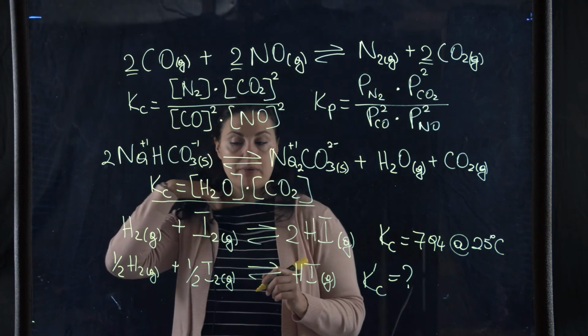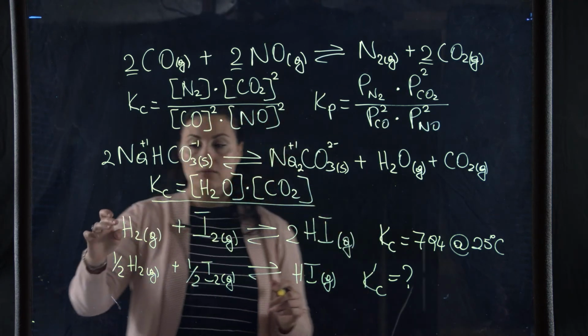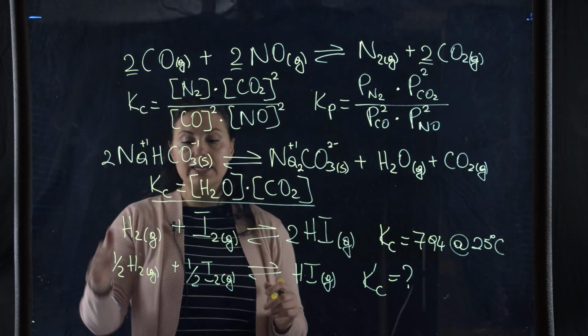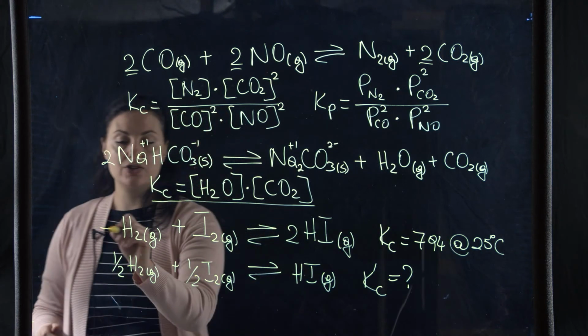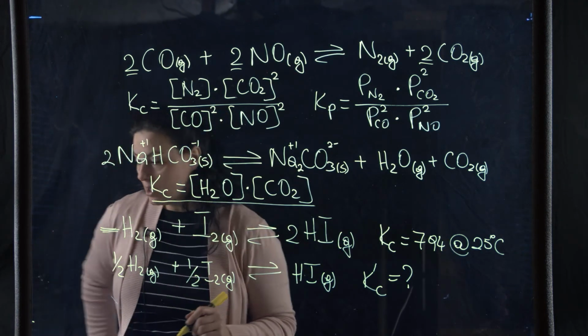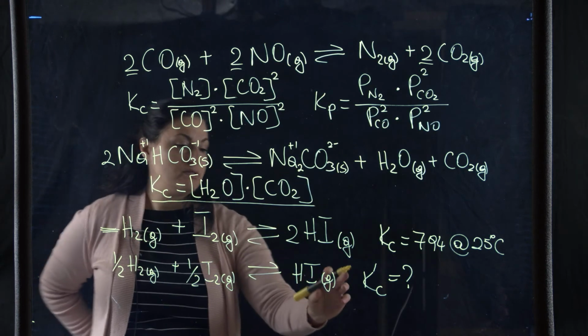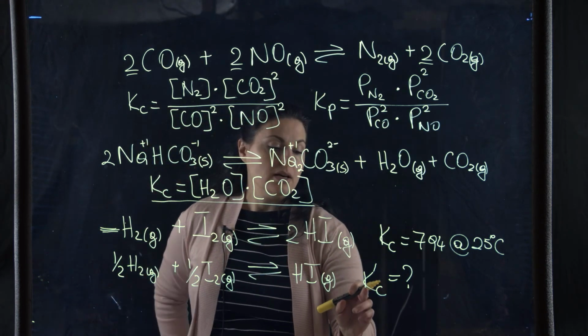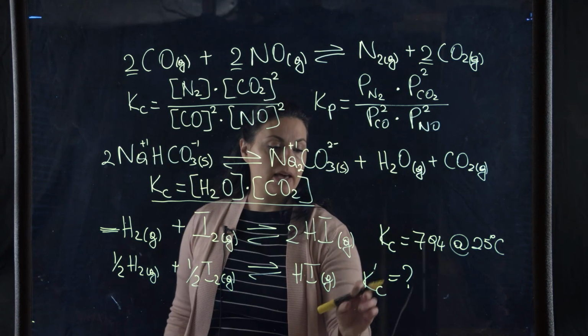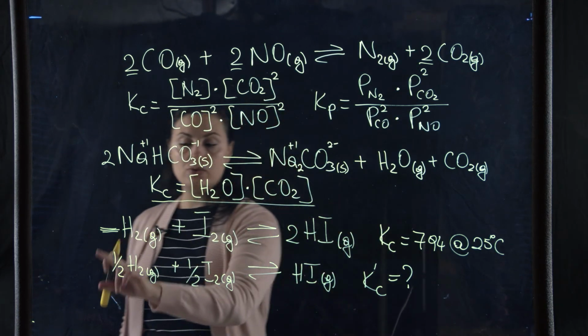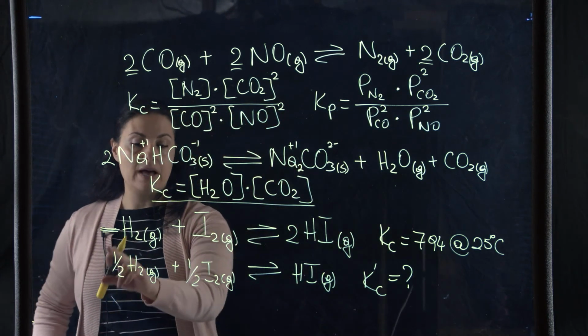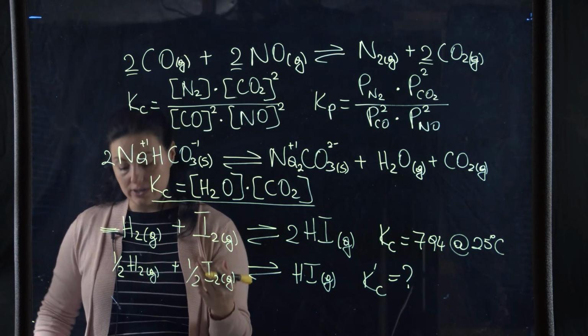Remember that we said if we multiply or divide the original reaction by any number, all I have to do to find the new Kc, K prime, is to take the old Kc and raise it to the power of the number that I'm using to multiply or divide.